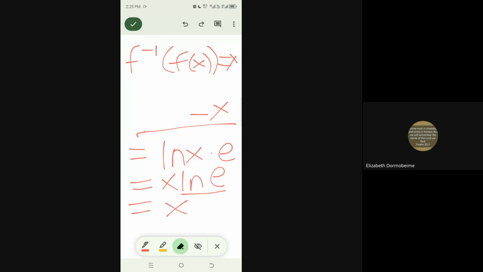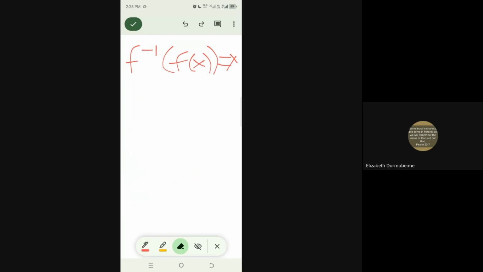We want to do it for when it is ln of e to the power x. So this time, wherever you see x, it is going to be e to the power x.